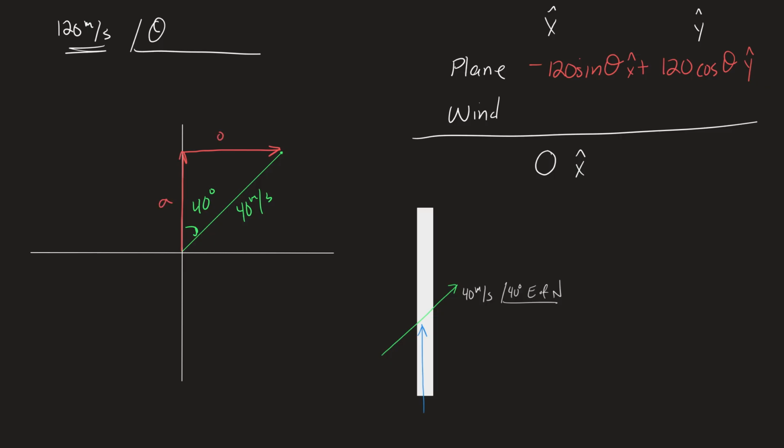Using all that fancy trig, I will get 40 sine 40 degrees and 40 cosine 40 degrees. Any questions about those? I know there's numbers, so we'll get to that. So I'm going to go ahead and put that in here. 40 sine 40 degrees in the x direction plus 40 cosine 40 degrees in the y direction.